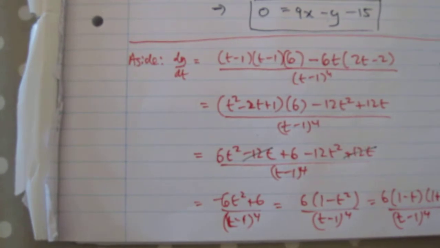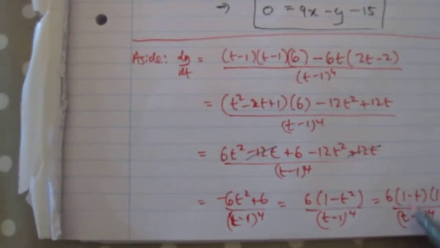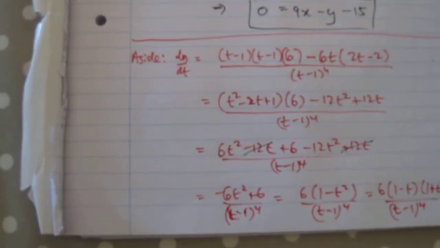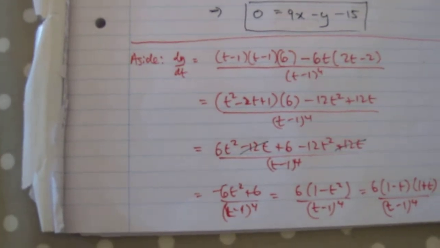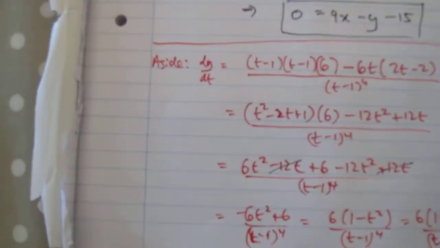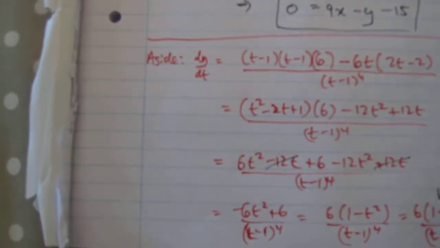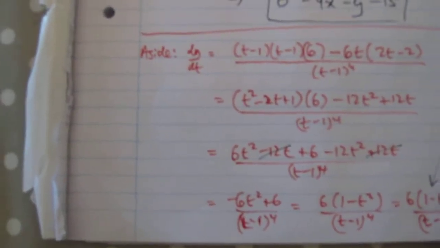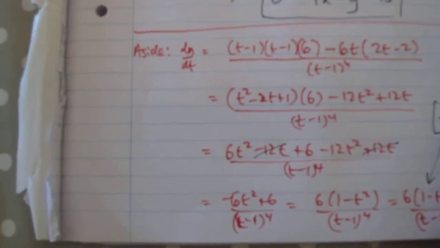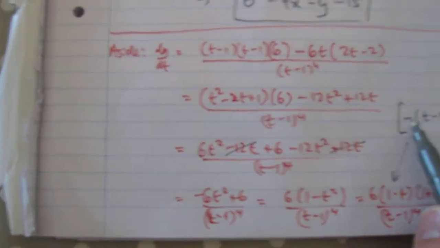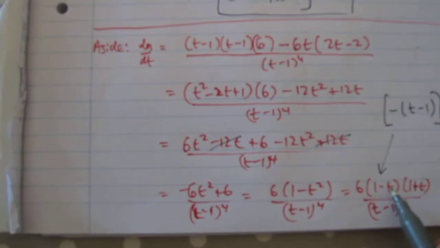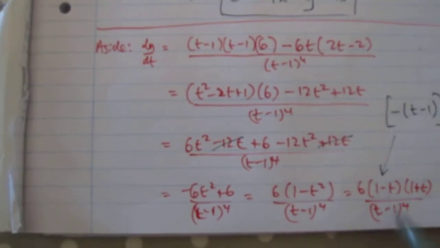So the only tricky bit here is to spot the relation between these two. 1 minus t is actually minus (t minus 1). You can check if you multiply this in, you get minus t plus 1. So this is the same as that.